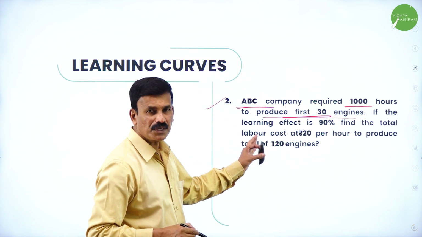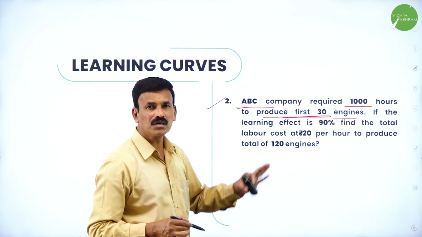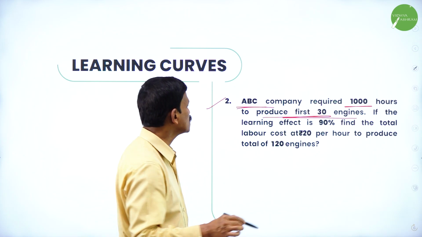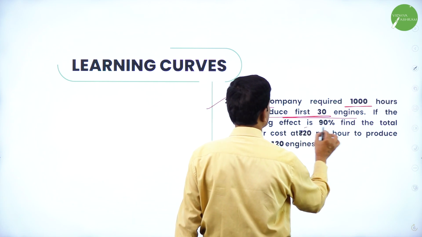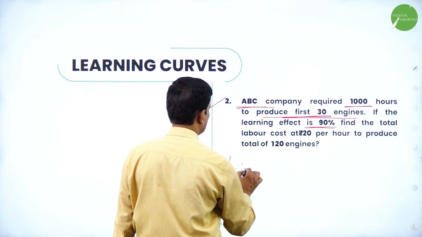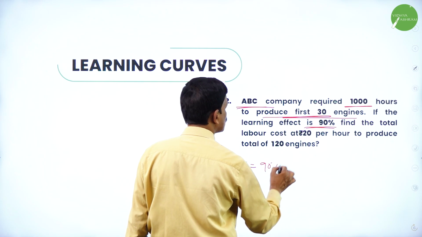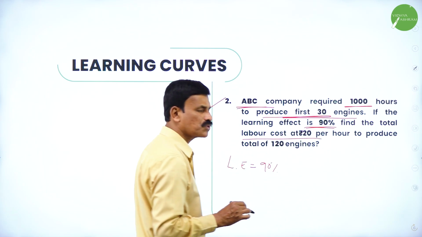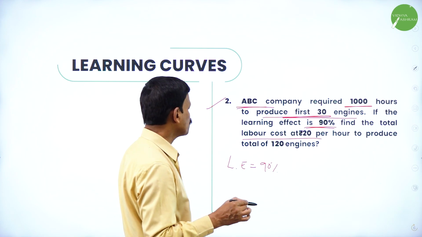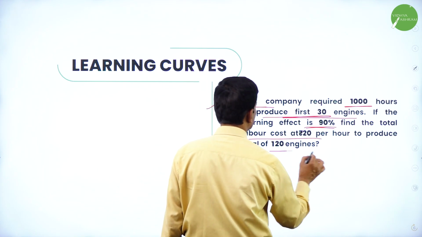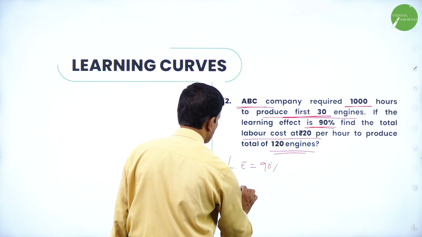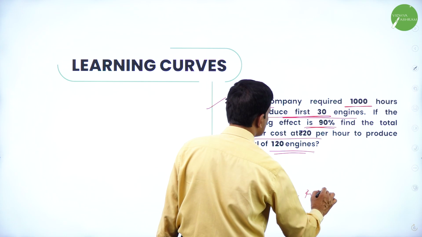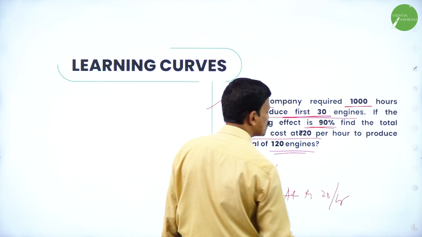If the learning effect is 90%, find the total labor cost at rupees 20 per hour to produce a total of 120 engines. That is to be determined.